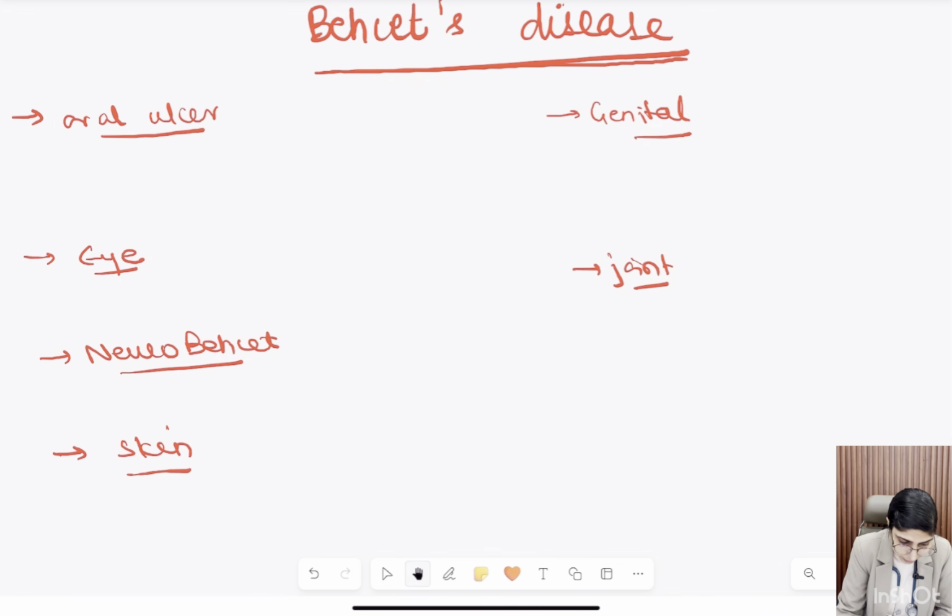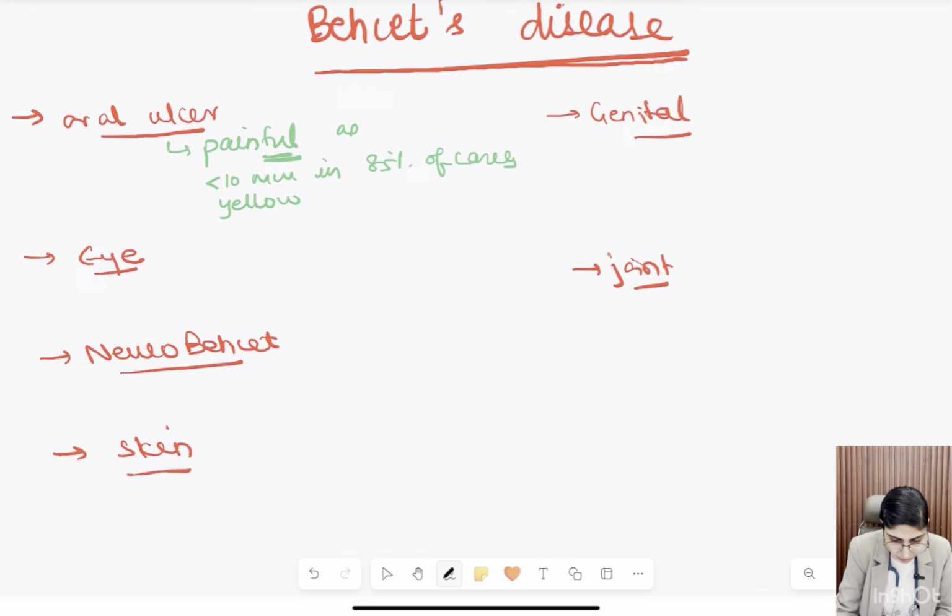Now oral ulcers, important thing, painful. Remember this, the oral ulcers in SLE are painless. Painful oral ulcers, Behcet. Less than 10 mm size in 85% of patients. 85% of cases have less than 10 mm in size.